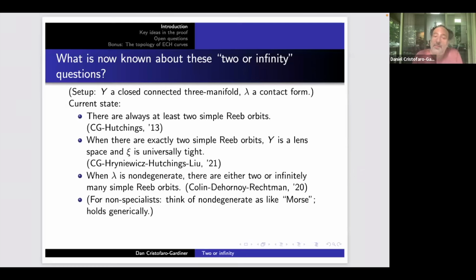Because if it was a lens space, just for cohomological reasons, the Chern class of the contact structure would have to be torsion. So the state of the art in the non-torsion case is that there are always infinitely many orbits if the contact form is non-degenerate. In the degenerate case, as far as I know, nothing is known.